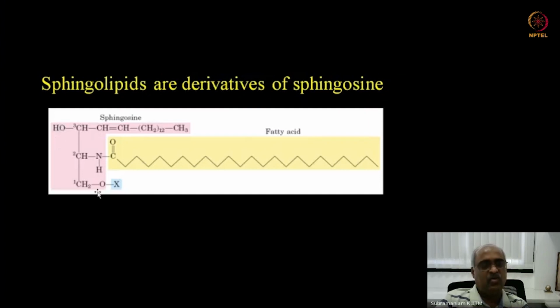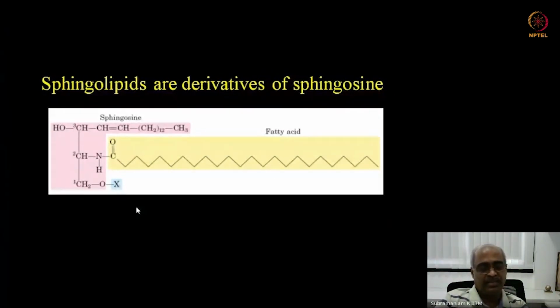So it has OH groups and then an amino group. It's a long chain amino alcohol having one double bond. And in the second carbon, you have the amino group where you can have an acyl moiety. And then this alcohol group can be derivatized with polar groups just like the glycerophospholipids. And when you have a phosphate group here, that becomes the basic sphingophospholipid.